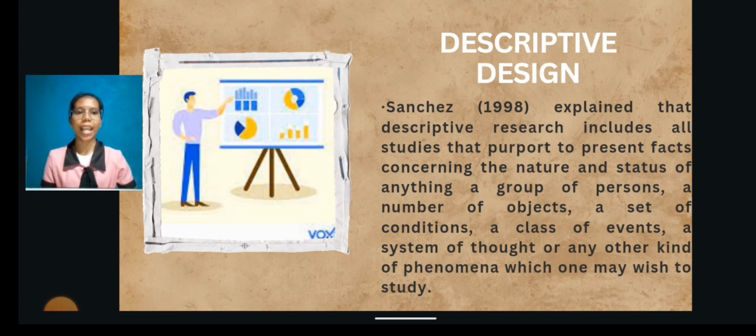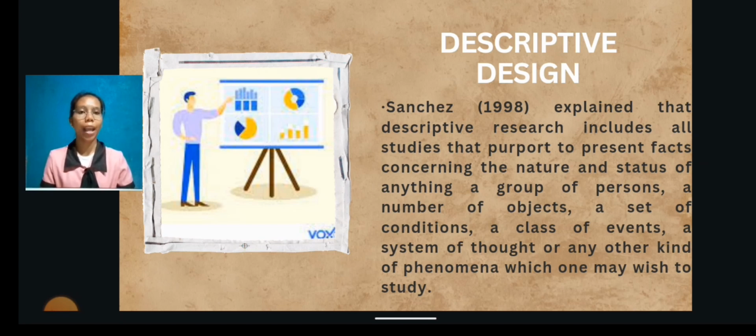Sanchez 1998 explains that descriptive research includes all studies that purport to present facts concerning the nature and the status of anything, a group of persons, a number of objects, a set of conditions, a class of events, a system of thought, or any other kind of phenomena which one may study.